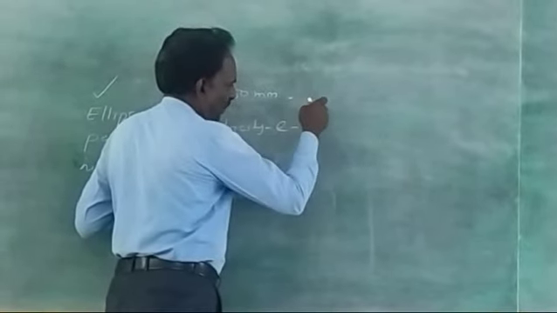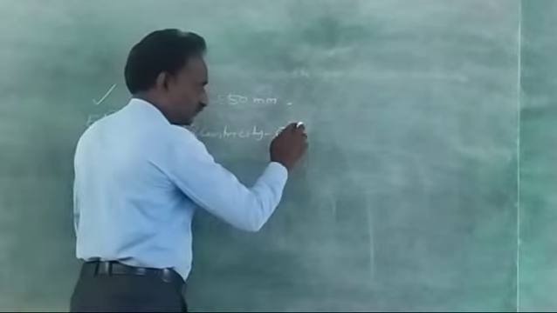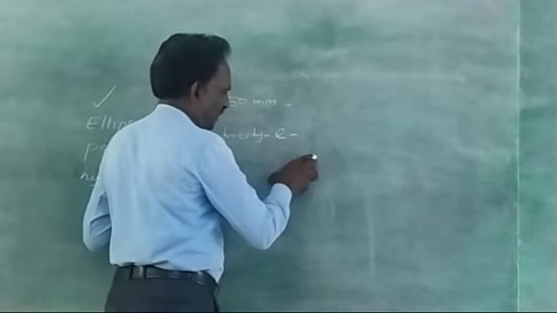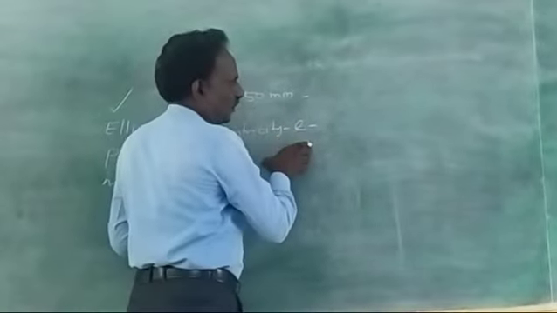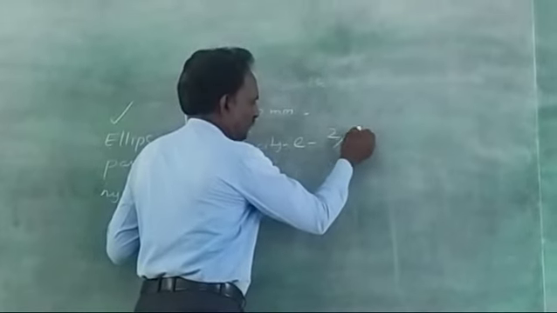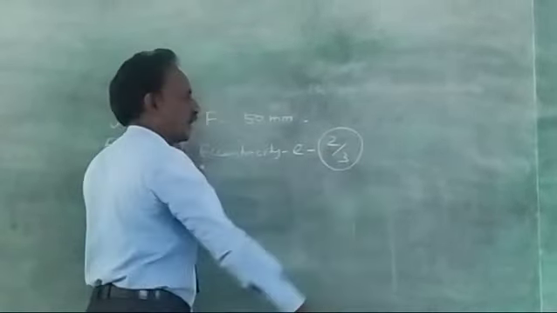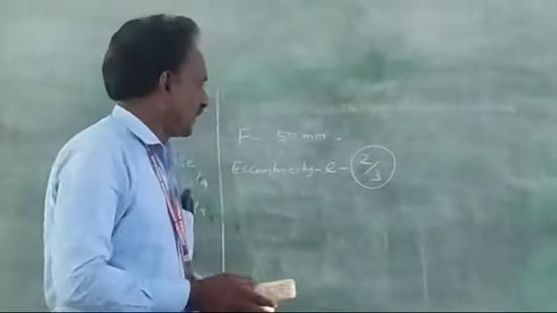For hyperbola, 4 by 3, 5 by 4, like this. Now we can have the procedure to draw the curves, but now we can select the elliptical curve. So we can take 2 by 3 as the example value. Completing these data, we are able to construct the elliptical curve.